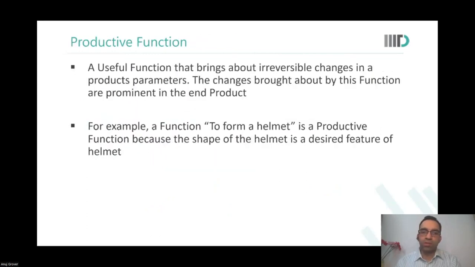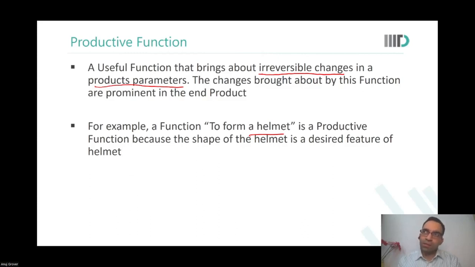So this we already saw. The productive functions are useful functions that bring about irreversible changes in a product's parameters. For example, to form a helmet, or injection molding through which the bottle is given its shape.